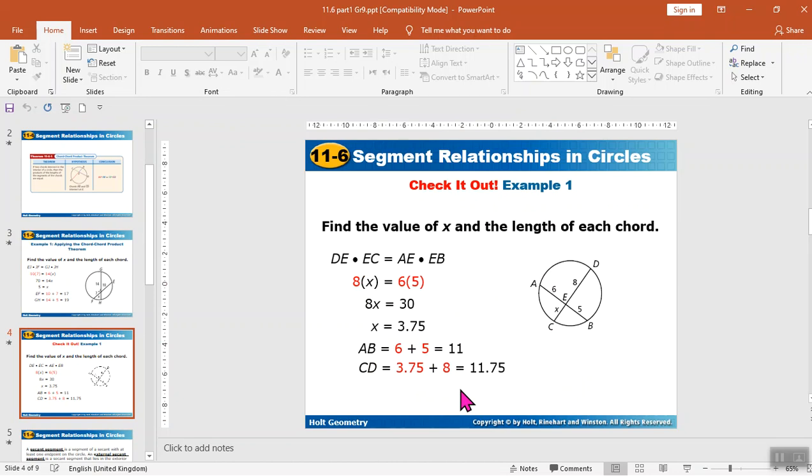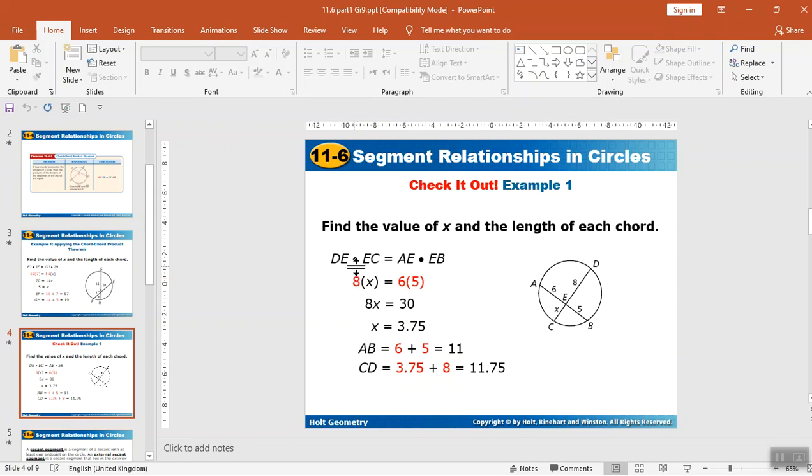Now check out another example. Find the value of x and the length of each chord, again like the previous example. Again here we have two chords. They intersect. Concentrate here: the chords are intersecting inside the circle, because later you will see intersection outside or on the circle. These two chords are intersecting inside the circle at the point E. We want to find the value of x, which is a part of the chord CD.